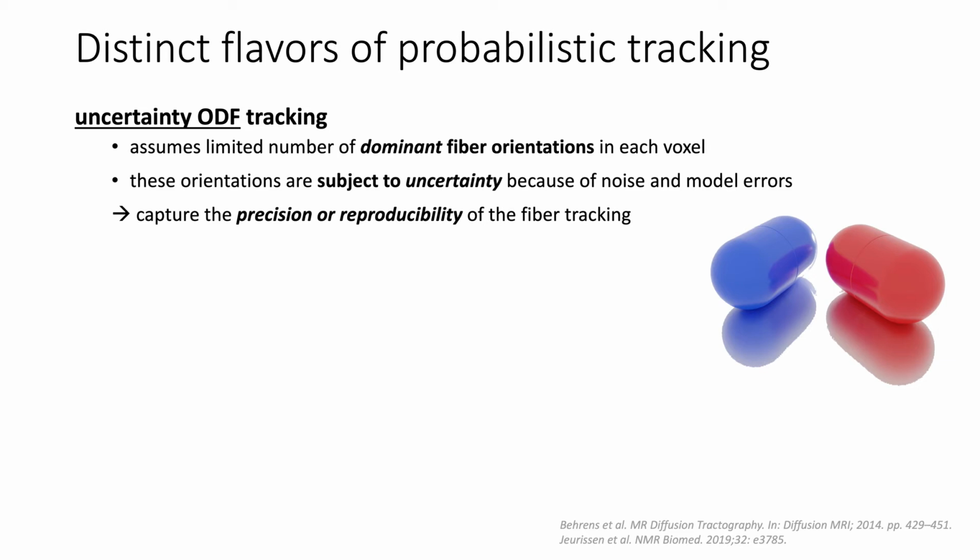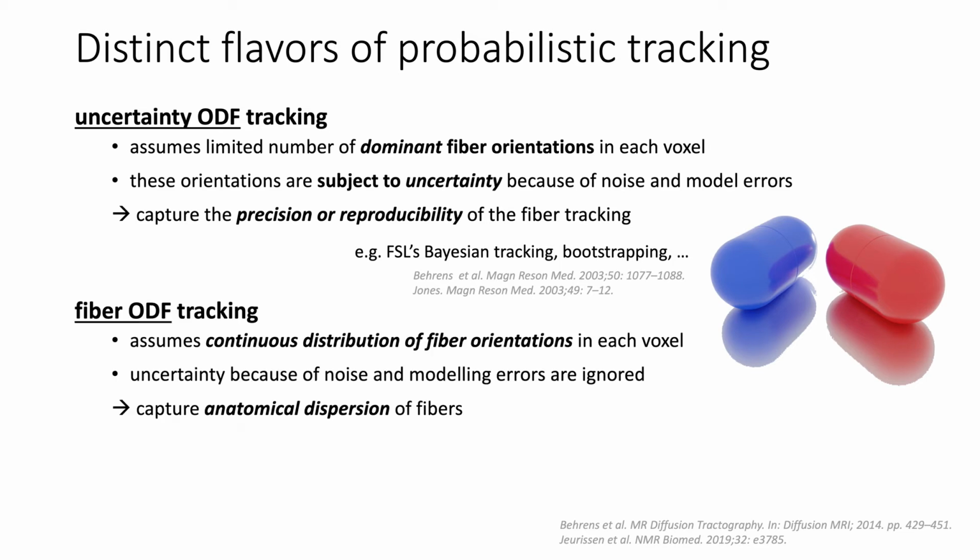By drawing samples from the UODF, a distribution of fiber tracks can be generated that reflects this uncertainty. As a result, UODF tracking provides an indication of how precise fiber tracking results are, with more reproducible trajectories exhibiting higher visitation counts. Notable examples are FSL's Bayesian tracking or tracking based on bootstrapping.